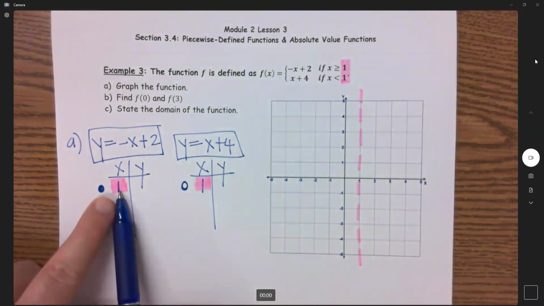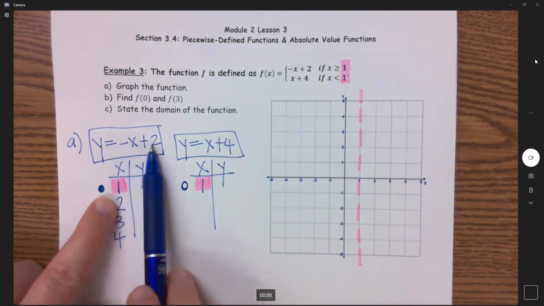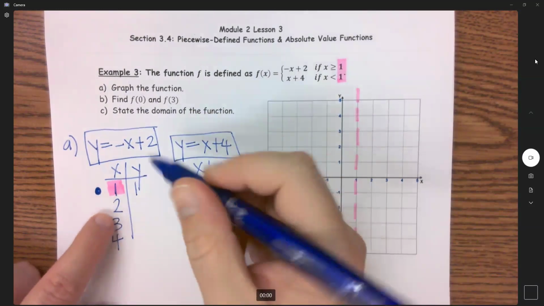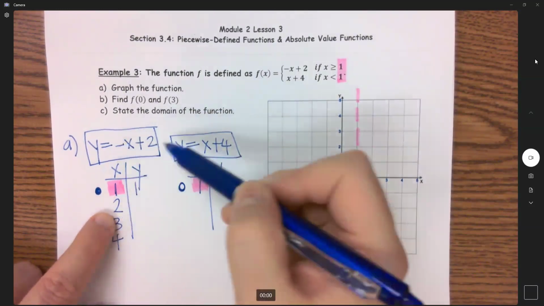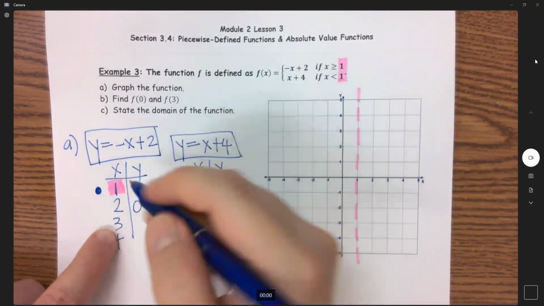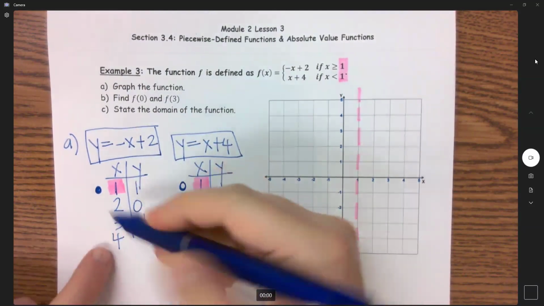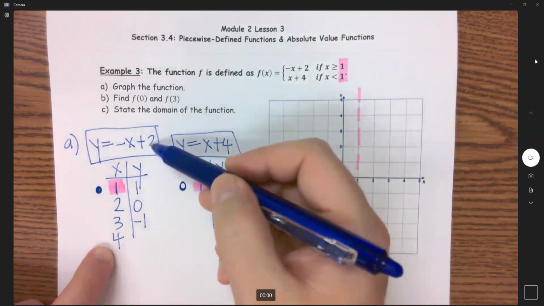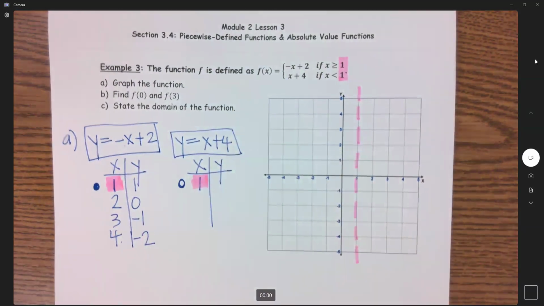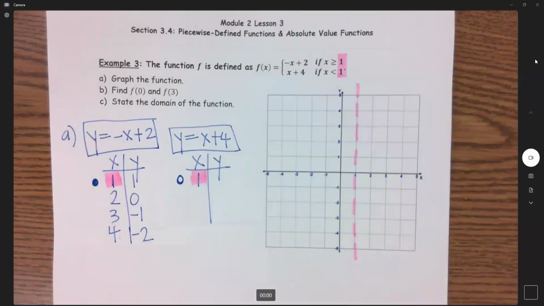So when I put in a 1 here, we're going to have negative 1 plus 2, which is 1. Negative 2 plus 2 is 0. Negative 3 plus 2 is negative 1. And negative 4 plus 2 is negative 2. So I'm going to go ahead and plot those and graph that side of my equation.